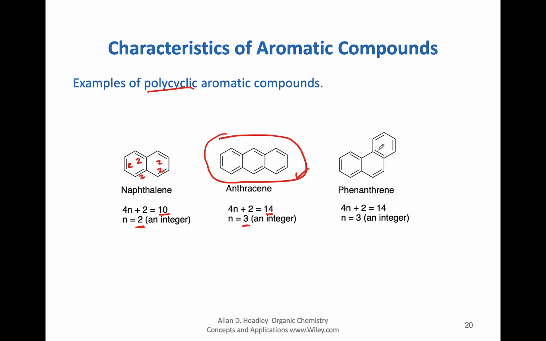Same 14 electrons, but notice again, all of the carbons are sp2 hybridized, which means that all of these carbons have an unhybridized p orbital, so electrons can move through those orbitals, and n is 3, which means that this is an aromatic molecule.